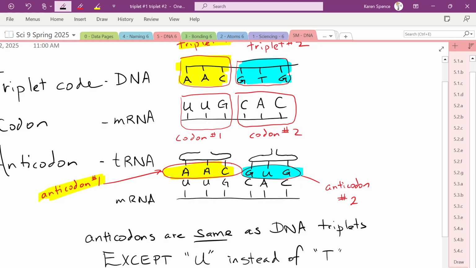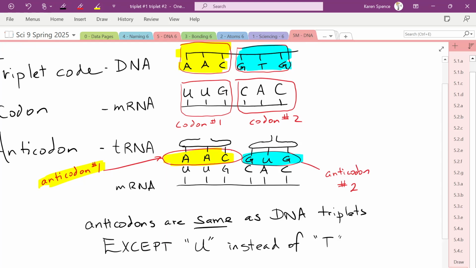And the codon is complementary to both the DNA and the anticodon.